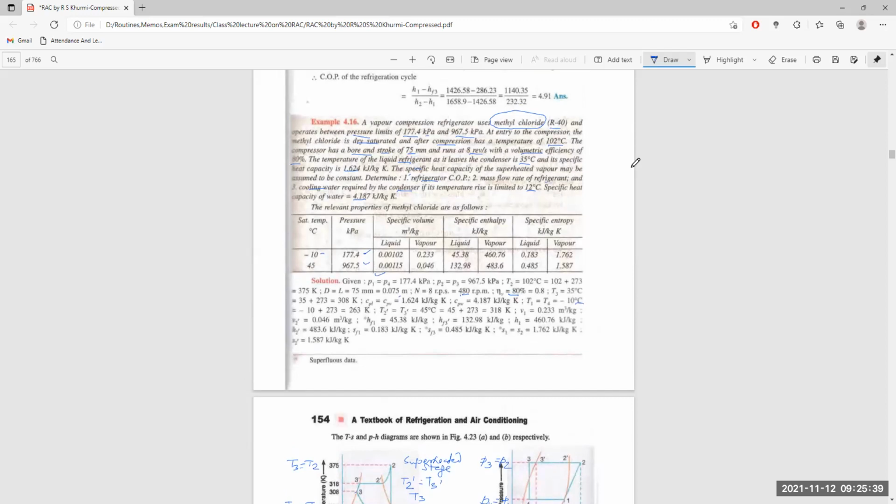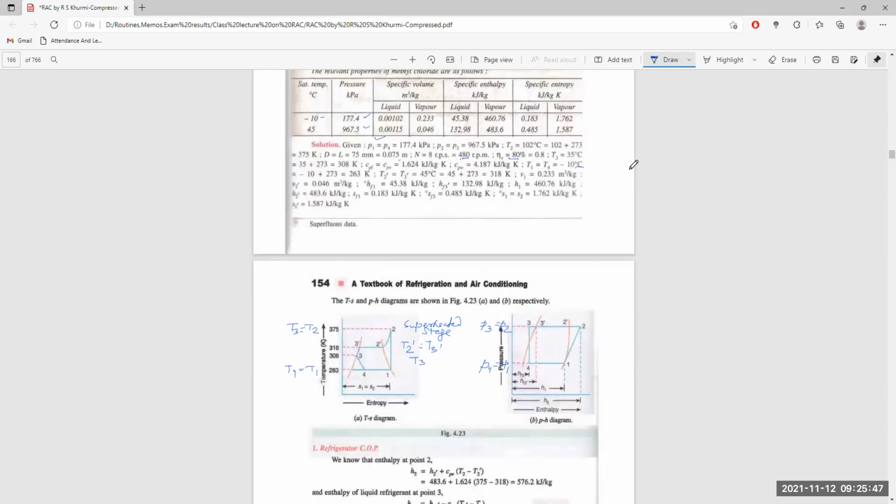The temperature of the liquid refrigerant when it leaves the condenser is 35 degrees centigrade. That is the temperature T3. The refrigerant enters the condenser at T2 dash, releases heat and converts into the liquid refrigerant.